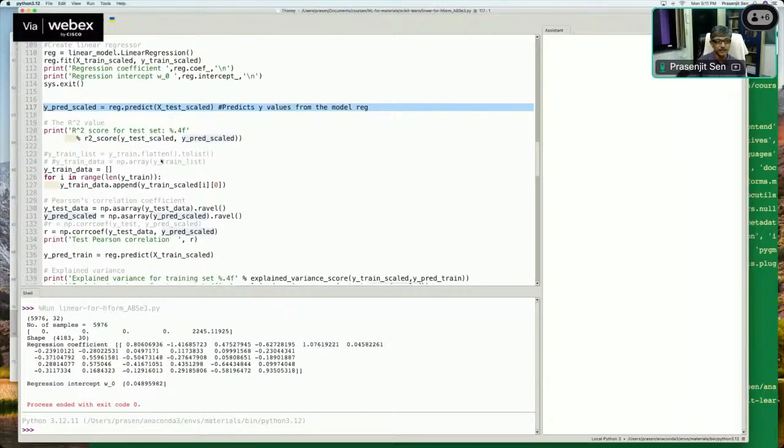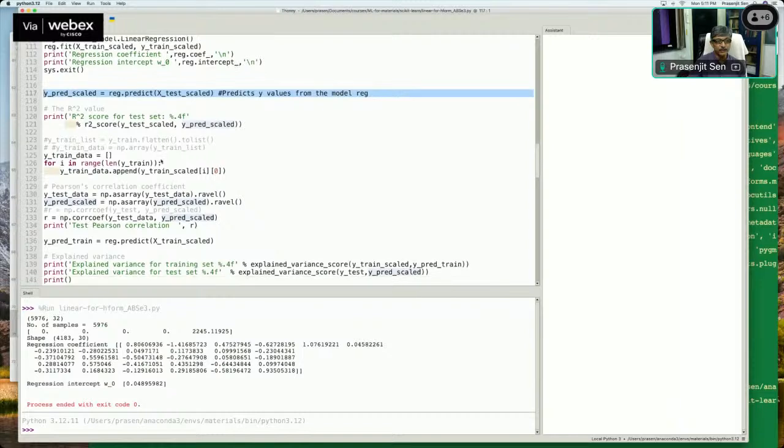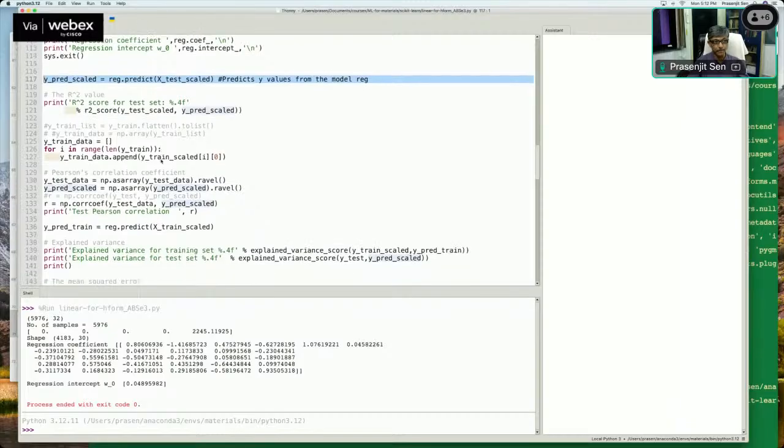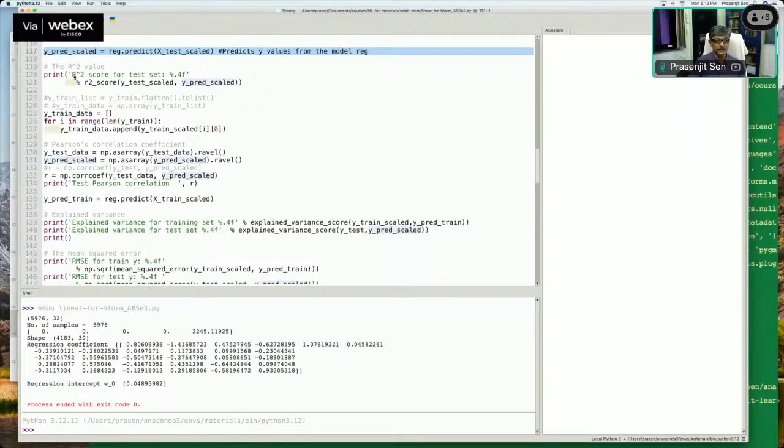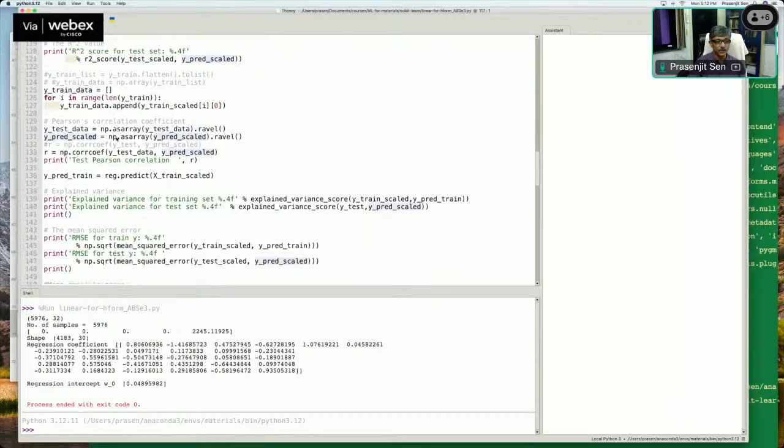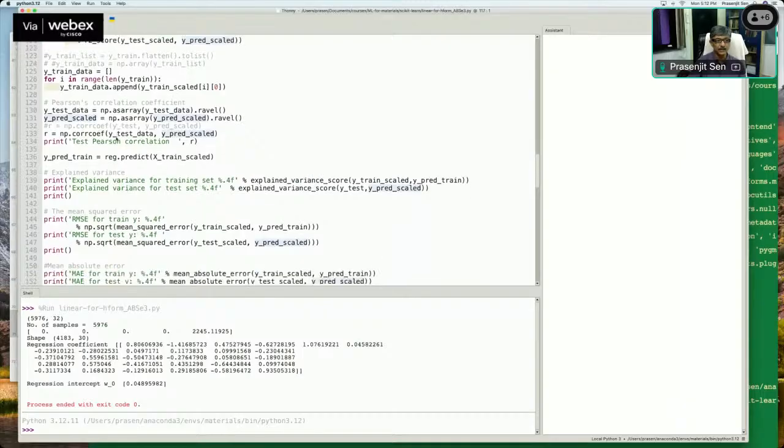Once you have made the predictions, you can calculate various metrics that measure the performance of the model. So R2 score, I'll show you once again just to remind you. Then the Pearson correlation between the predicted value and the actual true value.